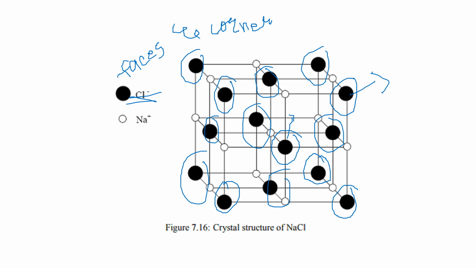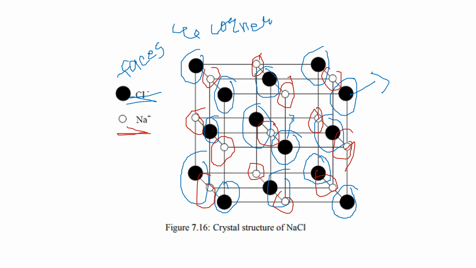Now let's count this Na. 1, 2, 3, 4, 5, 6, 7, 8, 9, 10, 11, 12, 13. So what we came to know? That there are 13 Na ions. Now here where are the ions placed?